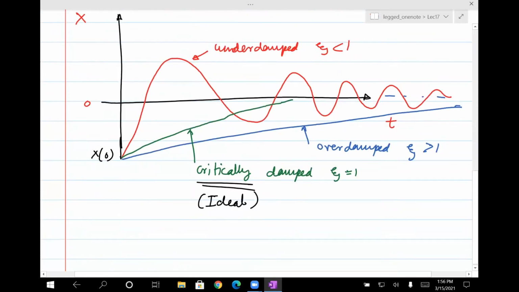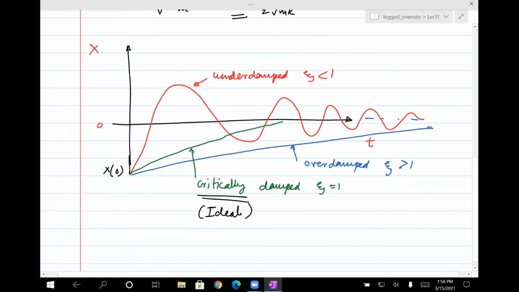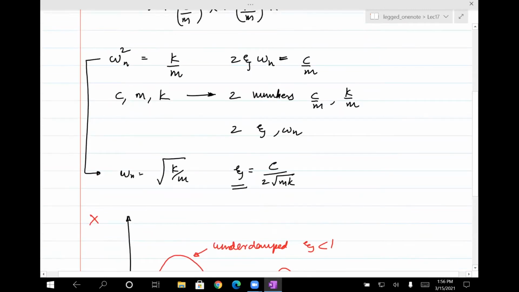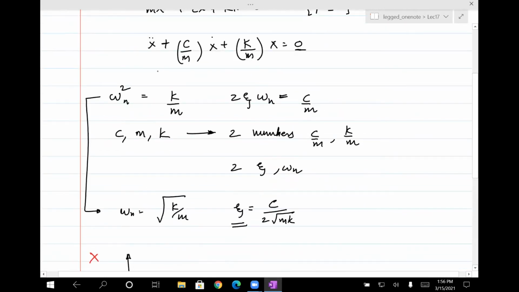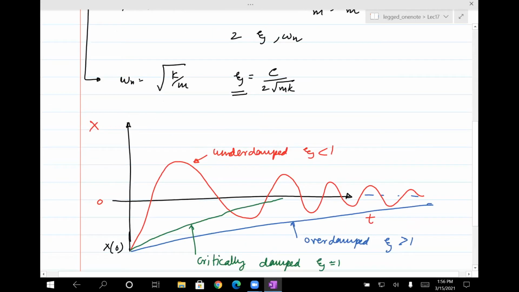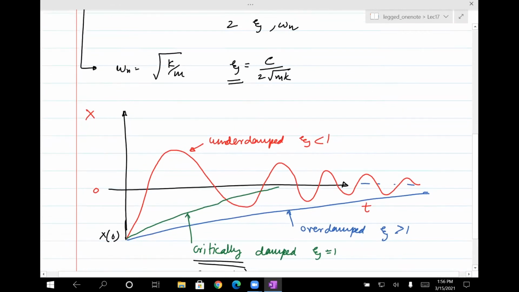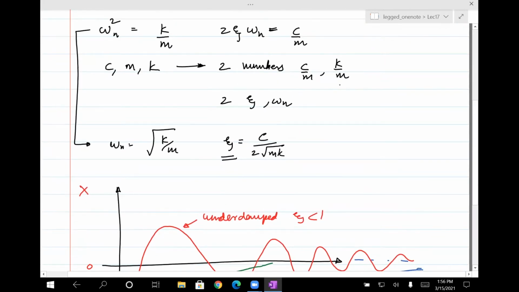Okay, now for a system like this, where there's no force and you're trying to make the system critically damped, you don't have much choice but to change the C, M, and K, put them in the right way. In fact, if you want the damping factor to be equal to 1, then you can write C equals 2 square root mk.